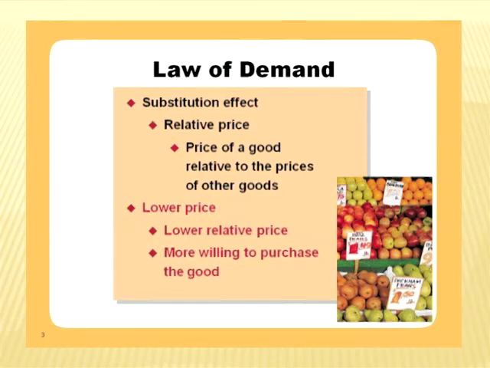So relatively speaking, they're not as good a way of satisfying your needs and wants. And this is known as the substitution effect. You just substitute pears for apples because the pears are less expensive than apples are. And this is the most obvious reason why people are encouraged by lower prices and discouraged by higher prices.